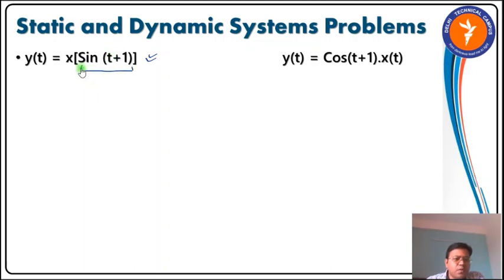So if it is a simple time instant, then this time will be scaled by sine. So we can say the system will be a non-causal system.